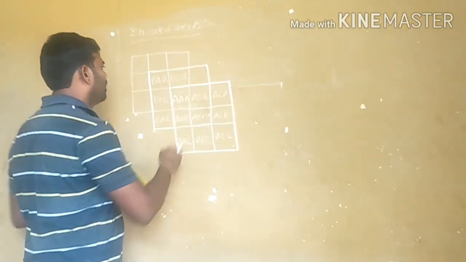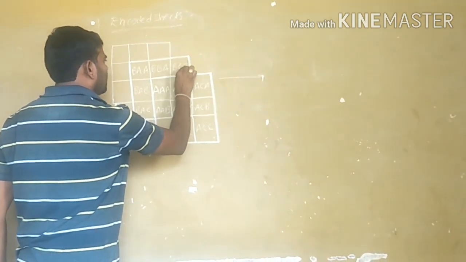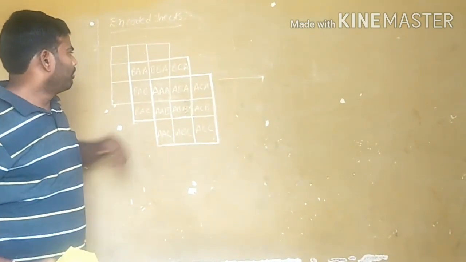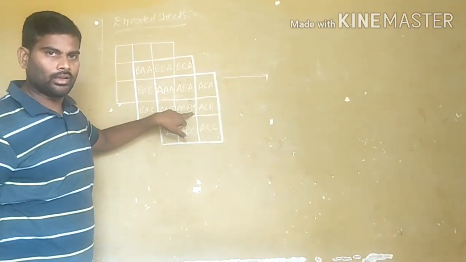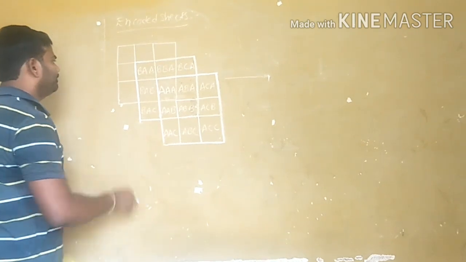Next here, BCA, behind this, BCB, BCC. Next, third sheet.